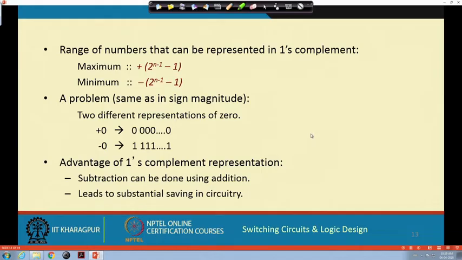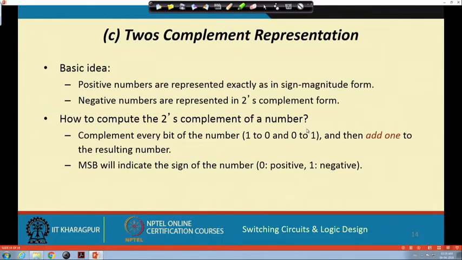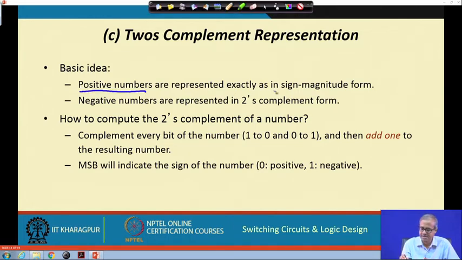Okay. Now, let us move on to the third representation, 2's complement, which in fact is an extension of 1's complement, and in fact this is the most widely used representation today. So, here again the positive numbers are represented as in sign magnitude form. For negative numbers, you represent them in something called 2's complement form. Now, what is 2's complement form?